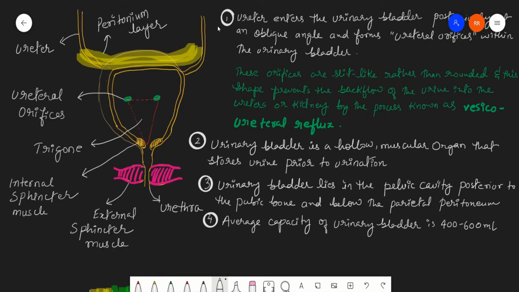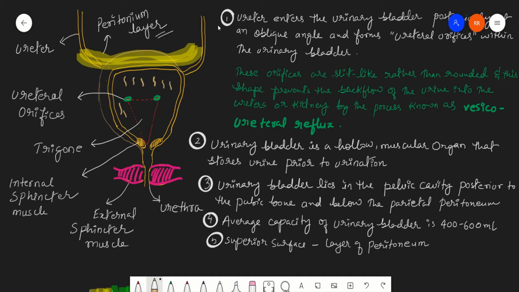The superior surface of the urinary bladder is covered by a layer called the peritoneum layer. Okay, and the lower portion of the urinary bladder is covered by a layer called adventitia, which we will discuss later. And the entire wall of the urinary bladder has a series of ridges.